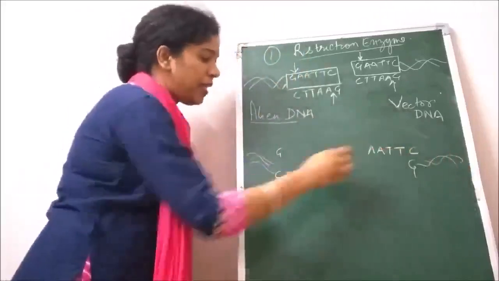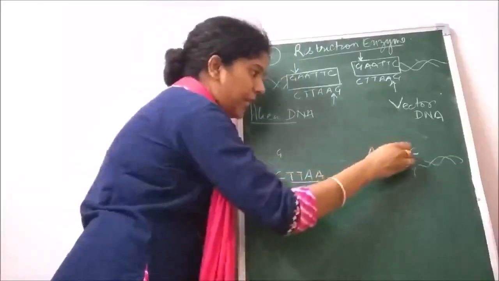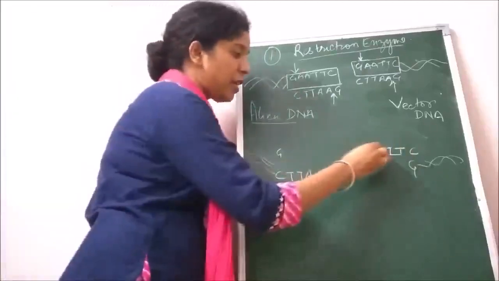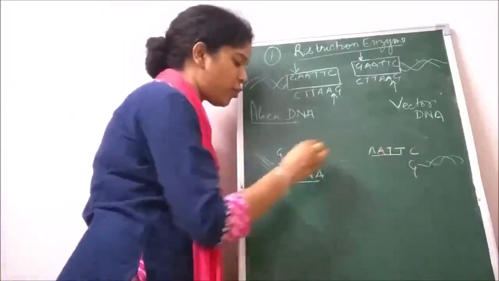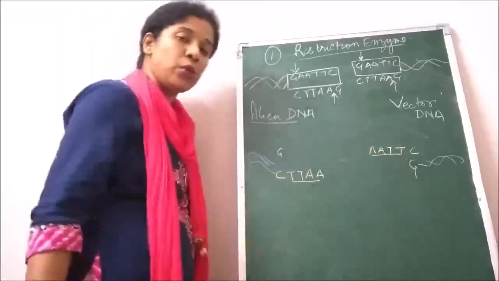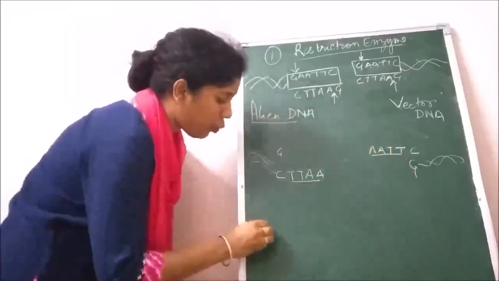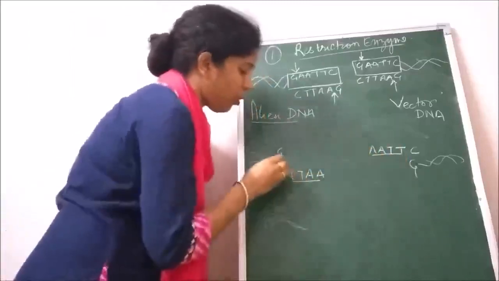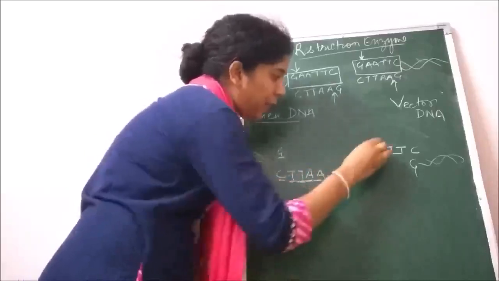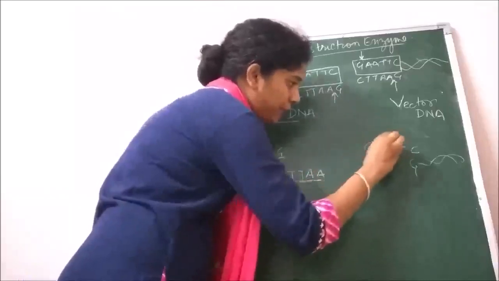Now if you look at these two sequences, they are absolutely complementary to each other. That means if they come close to each other, the A's form hydrogen bonds with the T's, and the T's form hydrogen bonds with the A's, and together they form hydrogen bonds. To distinguish between these nucleotides, let me underline them and encircle them.